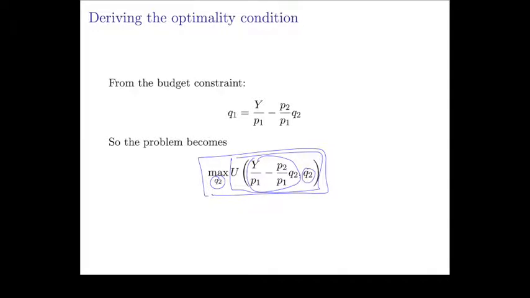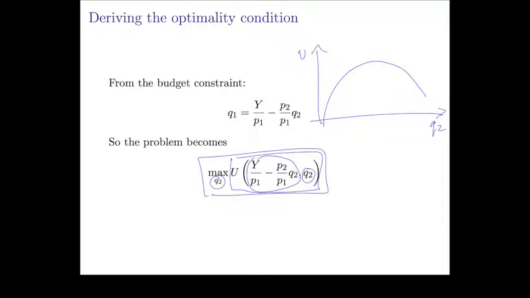Now, how do you solve these? If you remember from your calculus classes, the way you find an optimum is by finding the flat part of a function. So, for example, if you had a function that looks like that, let's say you had Q2 here, and you had U on the vertical axis, then how would you find the optimal Q2?